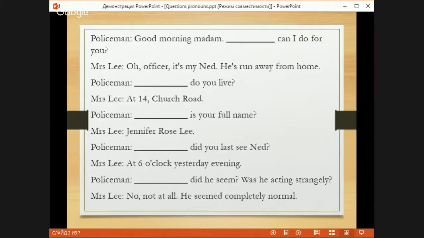She was the witness of some crime, I guess. Your task is to think about what kind of question word is possible to use here. I want to remind you that it's not so difficult. Don't think about something really complicated. It's really easy. So I will give you a minute to think, and after that we will check.